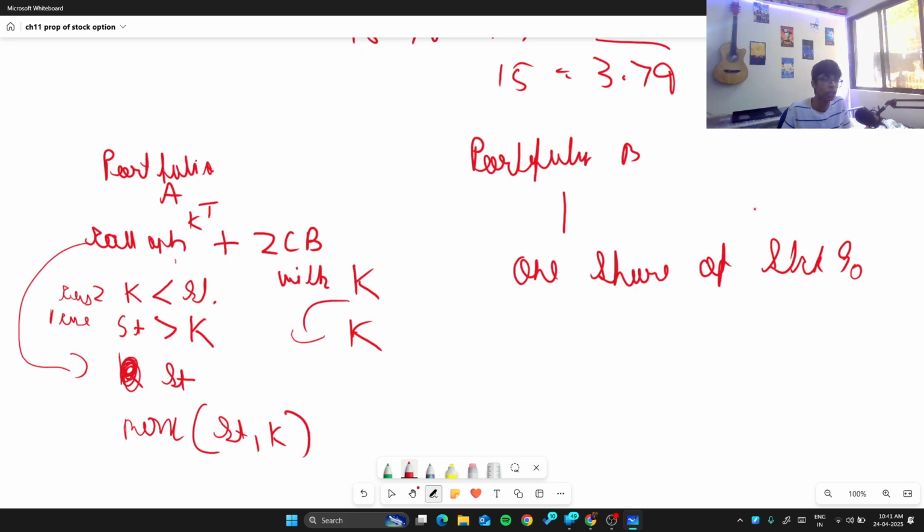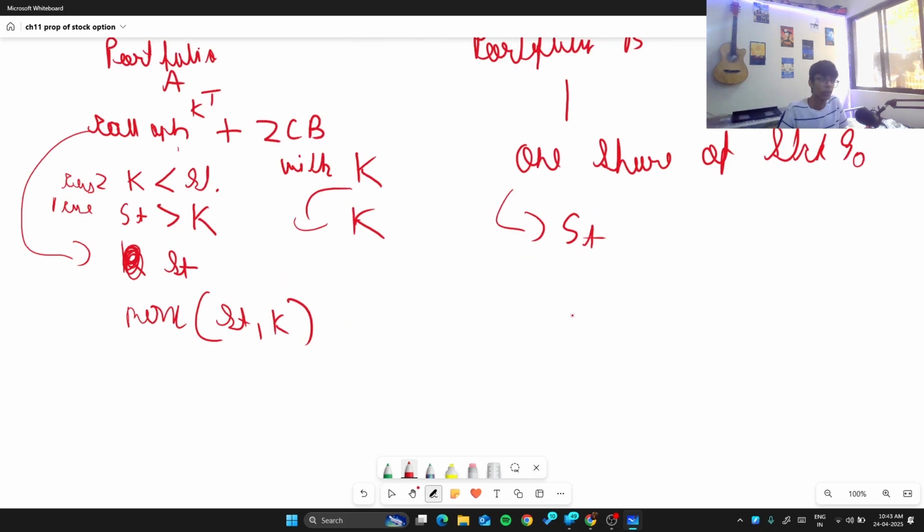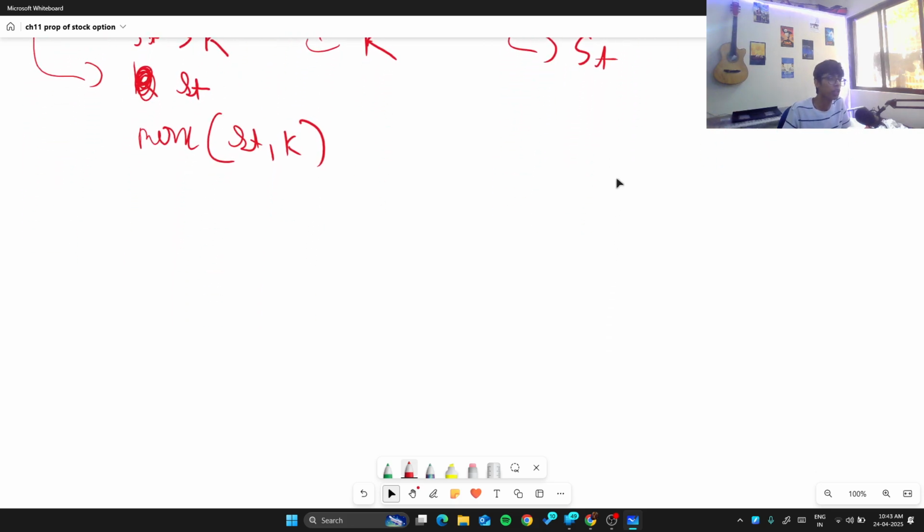It's that simple. And for portfolio B, it will be only ST, because the value of the portfolio depends only on the stock. So if we assume that there is no arbitrage, both portfolios should give equal return.